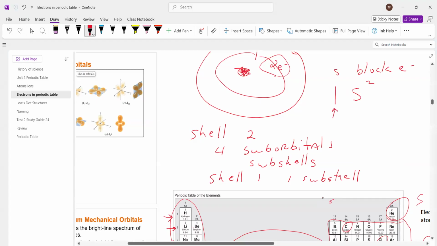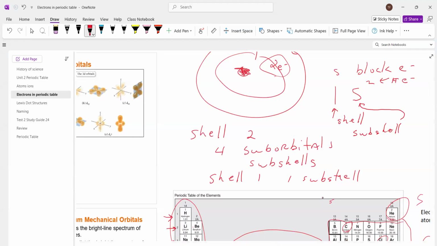Okay, so that's the shell. And that's the number of electrons in the shell, or in the subshell.